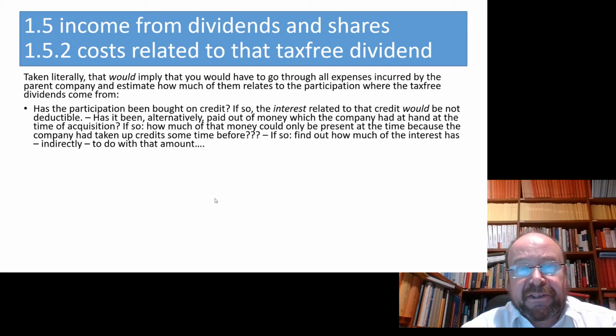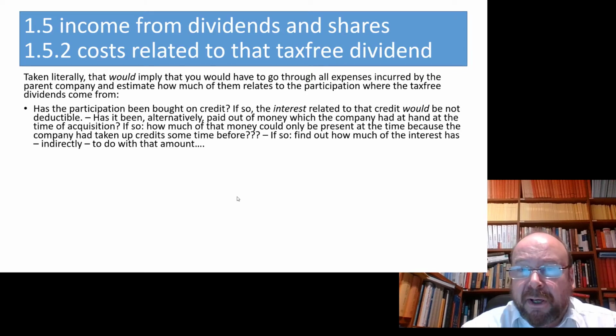Let's vary the situation in a more realistic way. When you bought that participation, those shares, probably you had some 4 billion or 4 million or whatever it was at hand in the firm. So you didn't need a credit. But these 4 million, whether really they're your own money, so did you have a 100% equity quote at that time, or was that 4 million not partly financed itself by credits which the firm had running at the time?